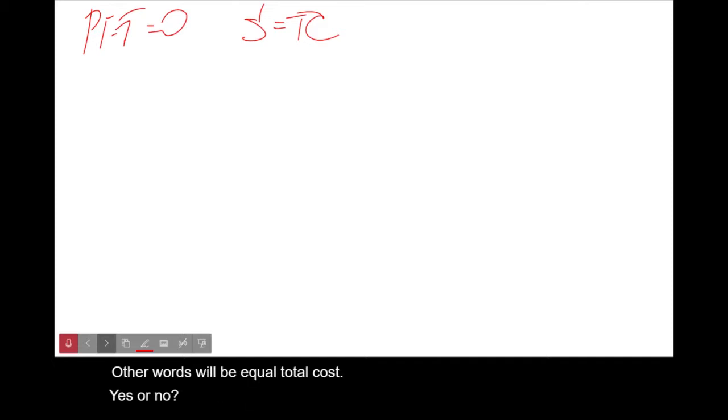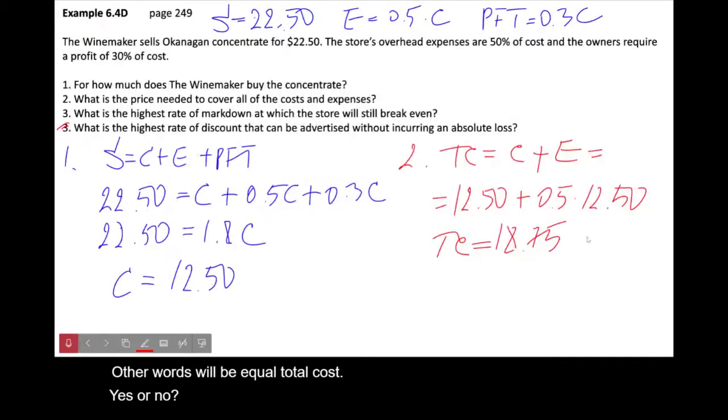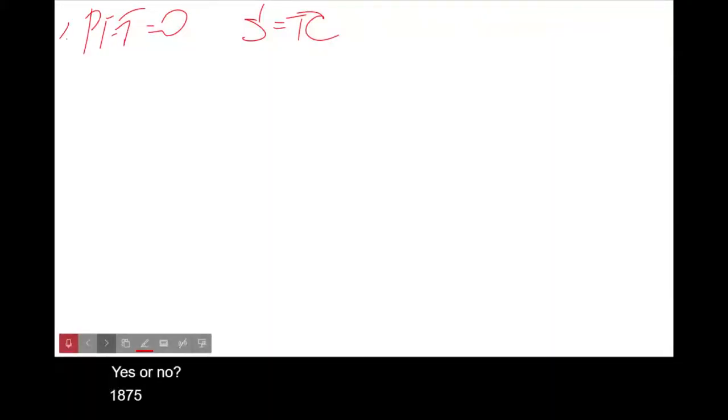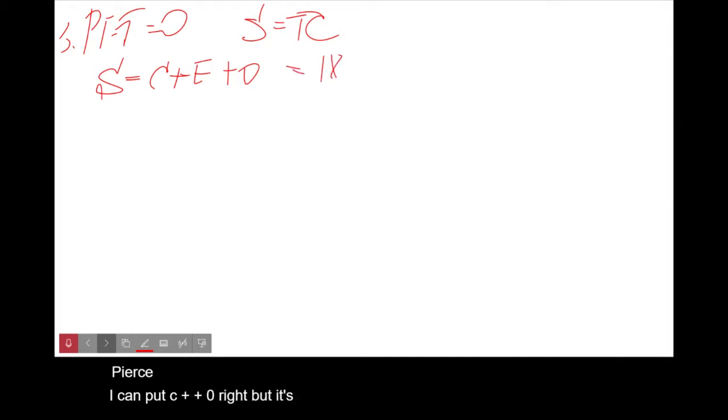Yes or no? 1875. So S is, well, I can put C plus E plus 0, right? But it's already calculated as 1875.